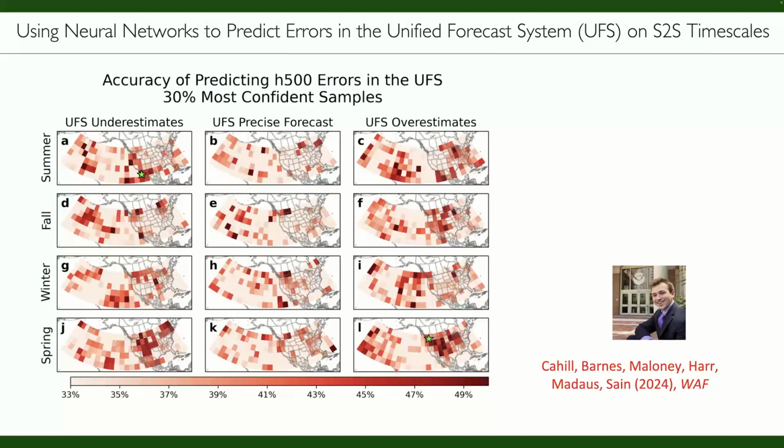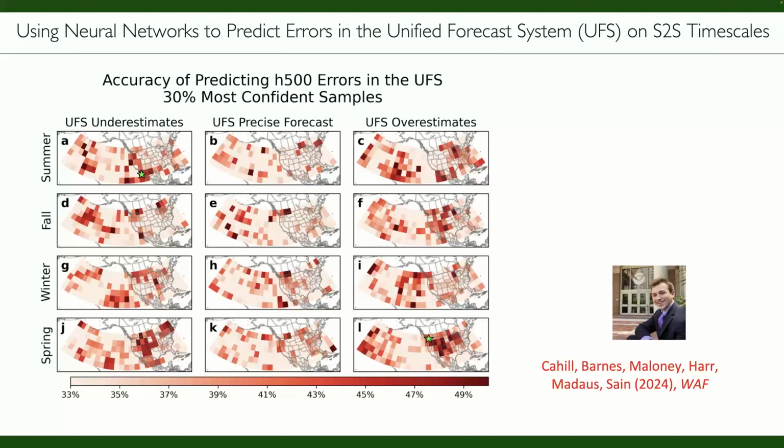In particular, I want to point out spring. You could see that the neural network has something approaching 50% accuracy over the Western United States as far as predicting H500 errors in the GEFS model. So that's encouraging. We're getting a value that's greater than 33% and substantially greater than 33%.